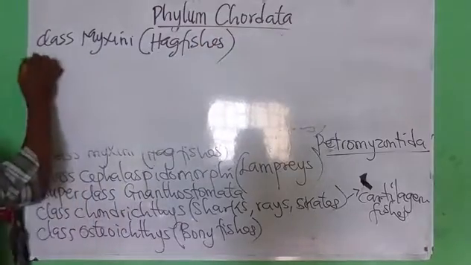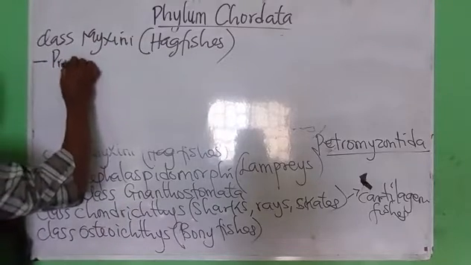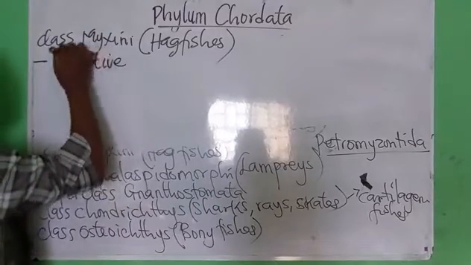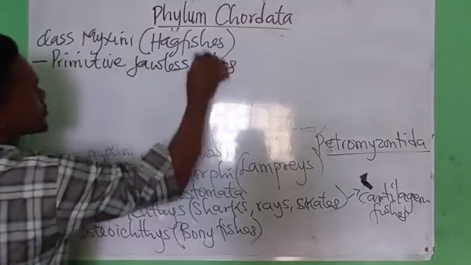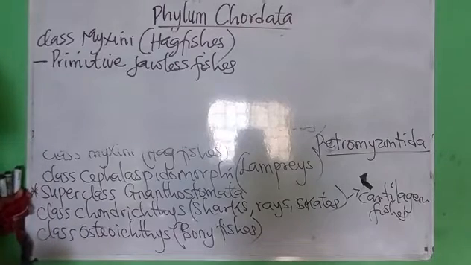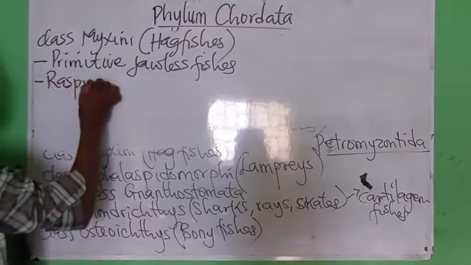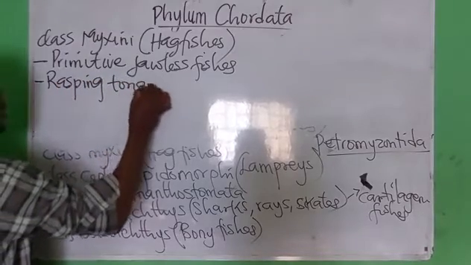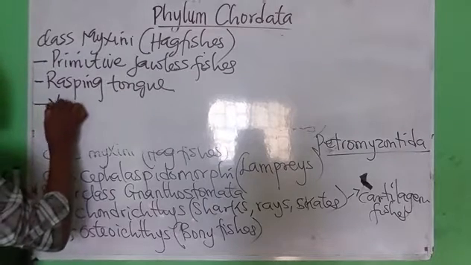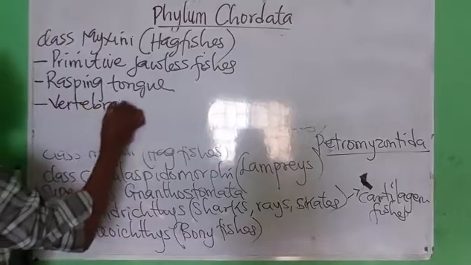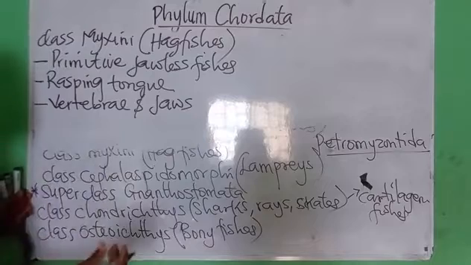Now, what are the features of the hagfishes? One, they are called primitive jawless fishes. They have a rasping tongue. They lack vertebrae and jaws. I told you they are jawless.